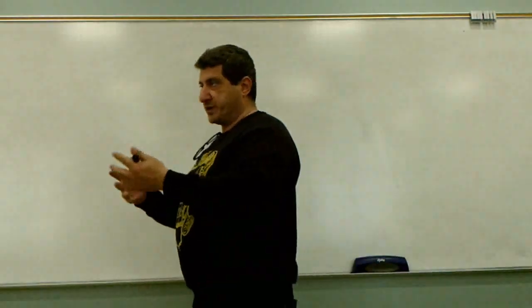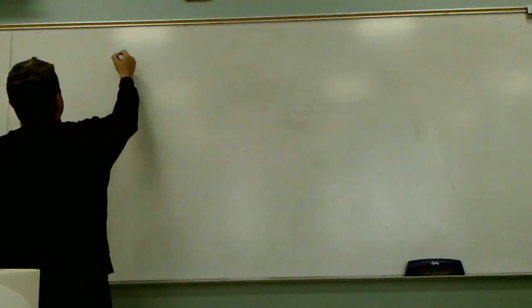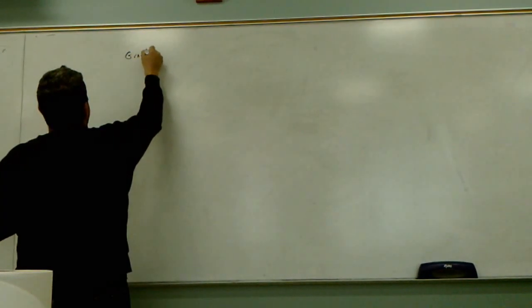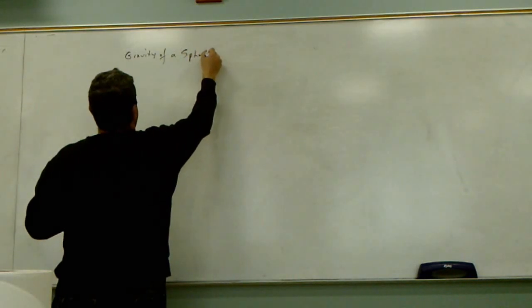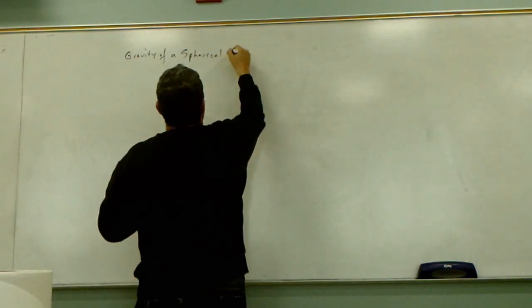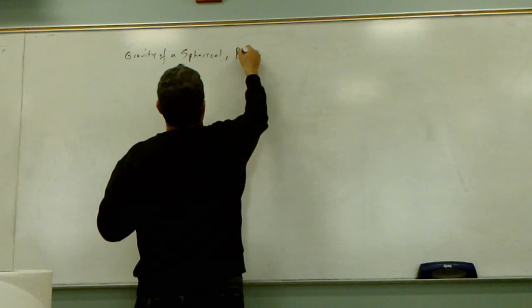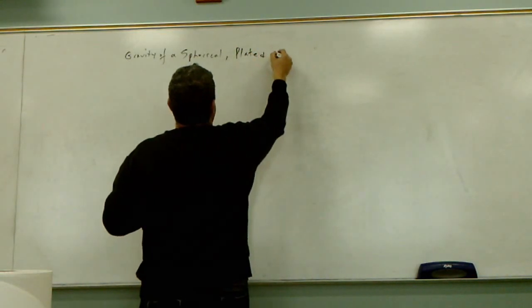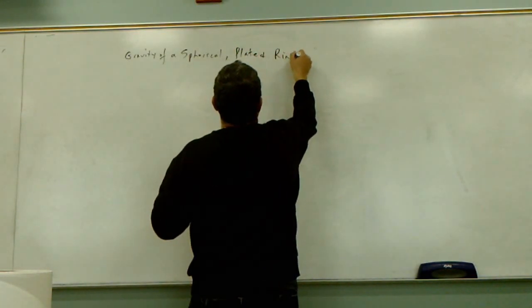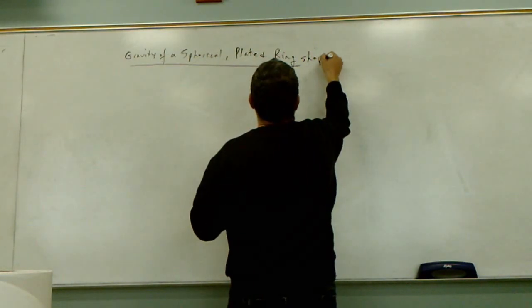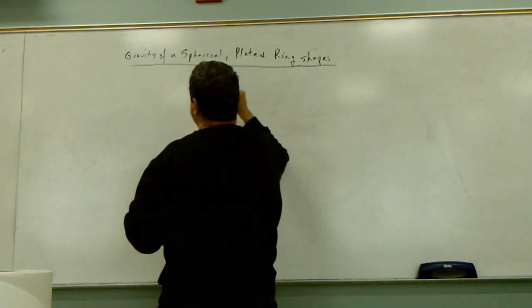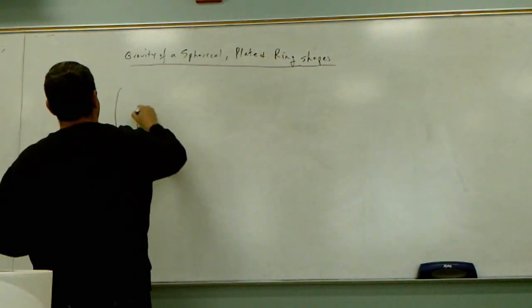So a spherical shape, maybe a ring shape, maybe a plate. Those are more realistic. So gravity of a spherical, plate and ring shapes.